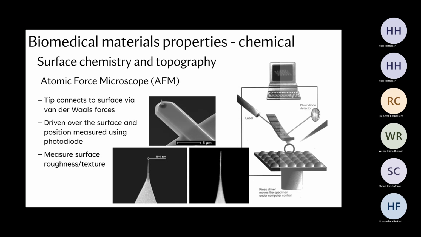If you zoom in even further, it's 1 nanometer. This distance is 1 nanometer. And this probe can actually tether and have electrostatic interactions with molecules on the surface at a molecular level. Right? It's that part.